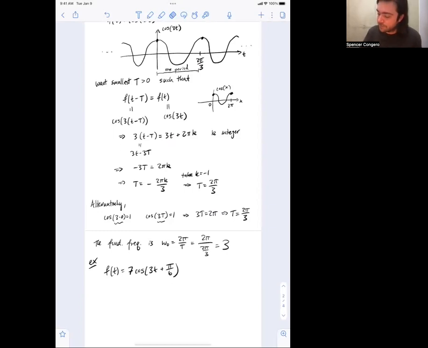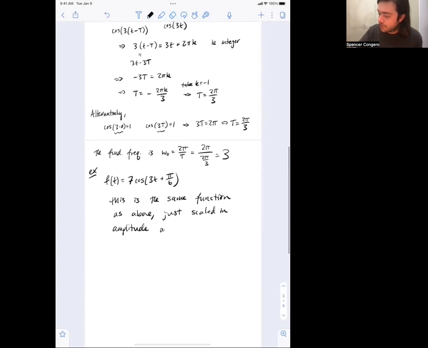So this is the same function as above, just scaled in amplitude and shifted in time.